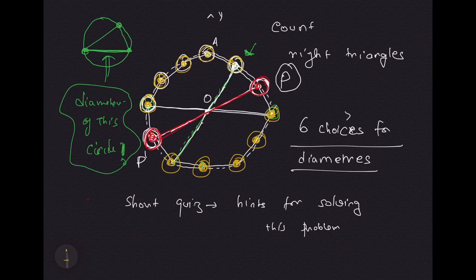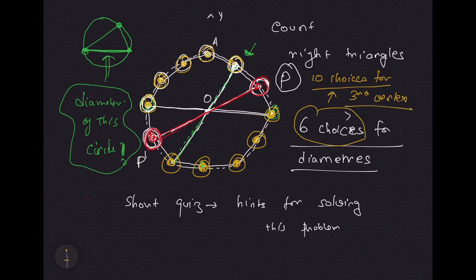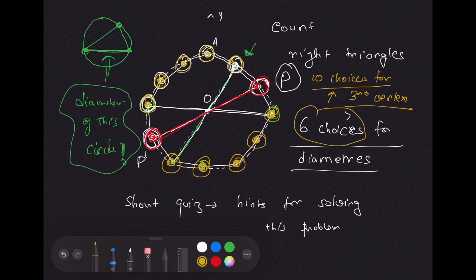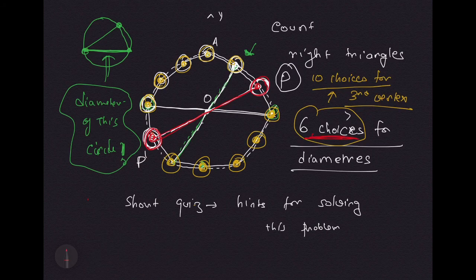So for each of these 6 choices, you have 10 choices for the third vertex. You see how beautifully geometry and combinatorics are going hand in hand. This is a very interesting, easy but interesting problem in that sense. So 10 choices for each of these 6 choices. In total you have 6 times 10, 60 such triangles.